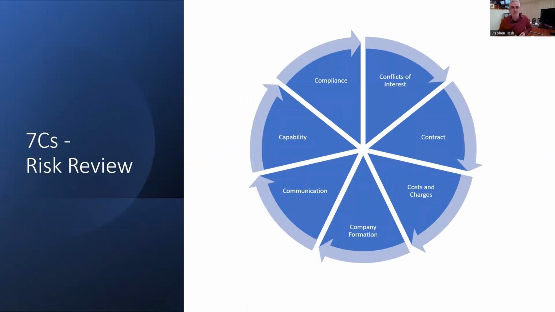Now, this is what I call the 7 C's of risk review. It's a method that I've put together where you have, for instance, a data analysis with a large number of results, or even just one result for that matter. It's always good to have this, particularly where you have false positives.